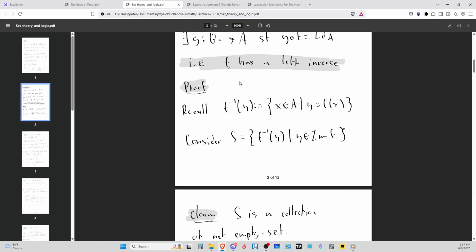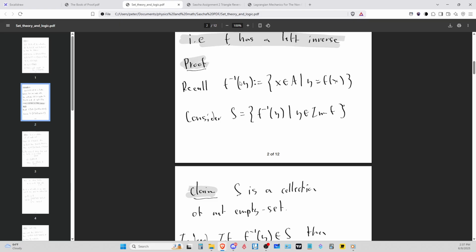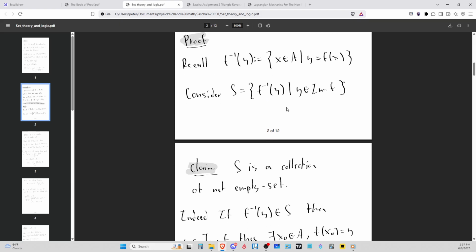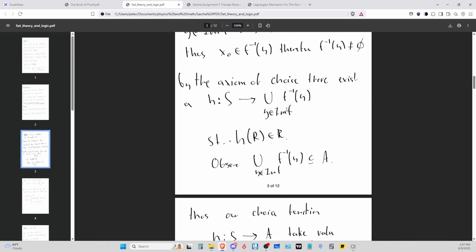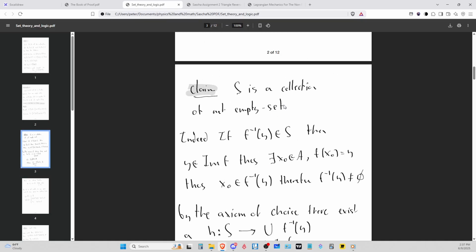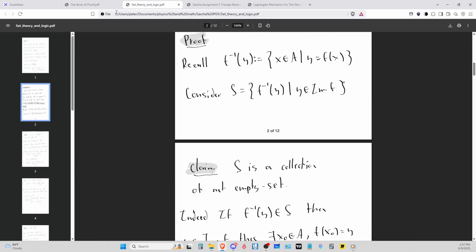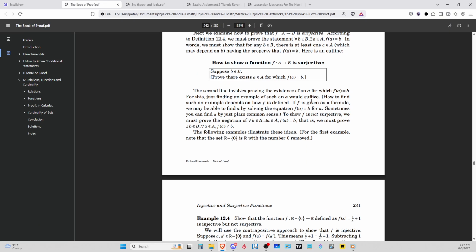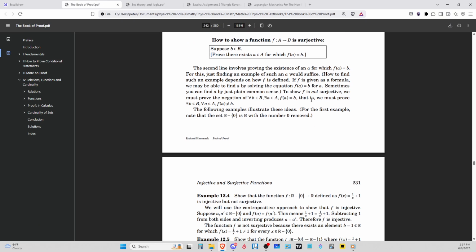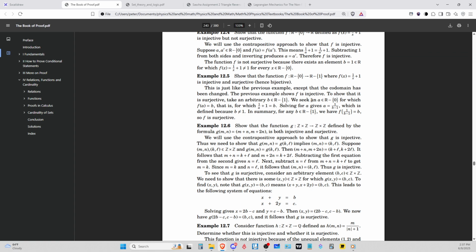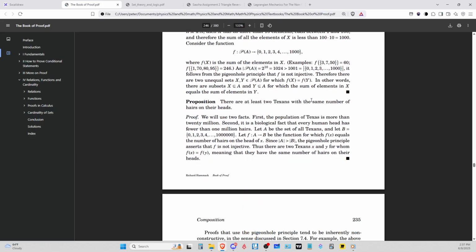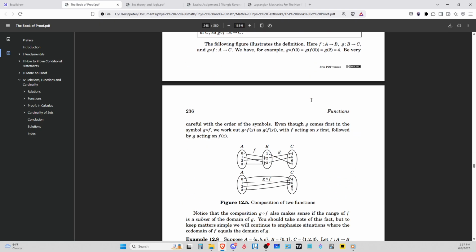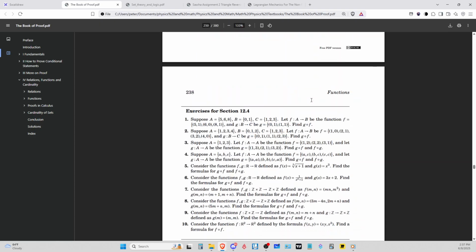I just want to see if Sascha wrote a better definition than what I was going to find. Is there a definition of injectivity in this book? They probably don't.